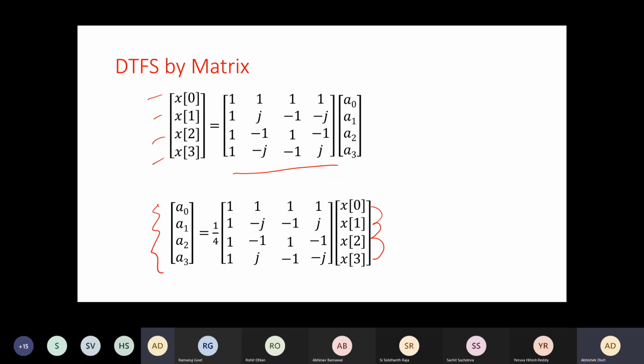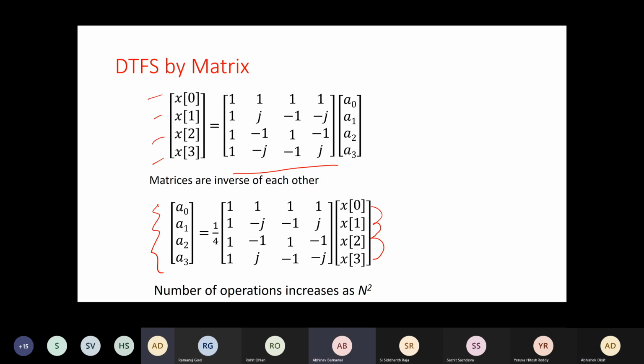And that problem is the number of operations. If I just focus on multiplication, how many multiplications do you think you have to do in this to get these values of X0, X1, X2, X3? 16.